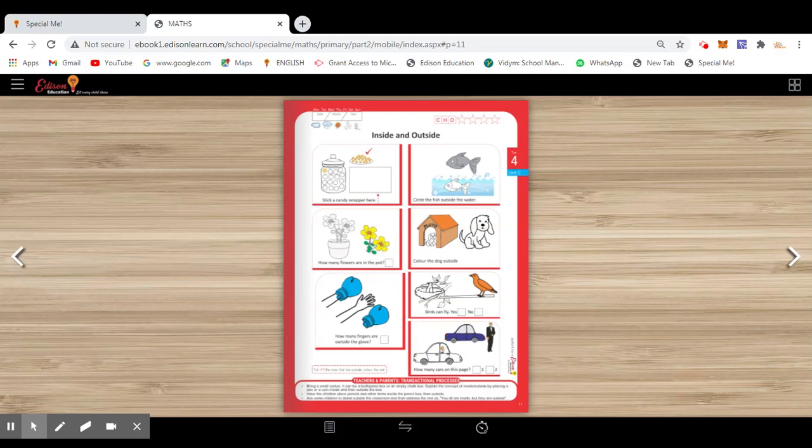So now let's revise our counting from number 1 to number 20. So count along with me. 1, 2, 3, 4, 5, 6, 7, 8, 9, 10, 11, 12, 13, 14, 15, 16, 17, 18, 19, and 20.